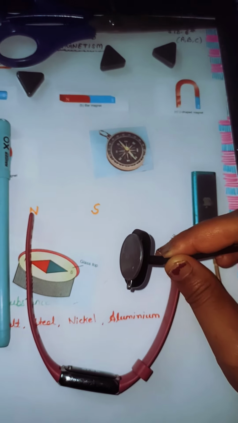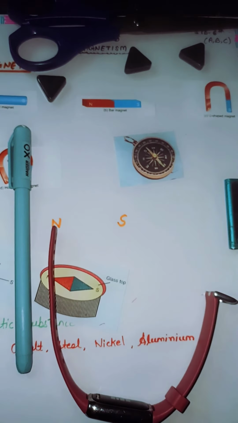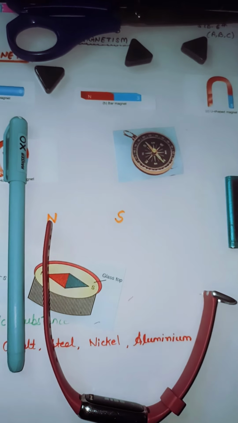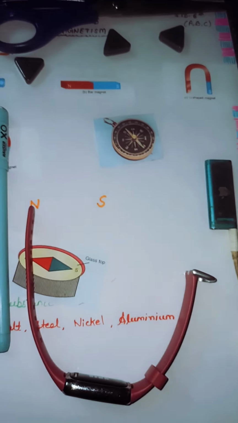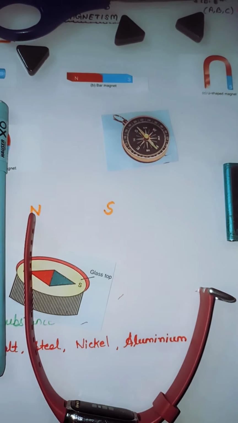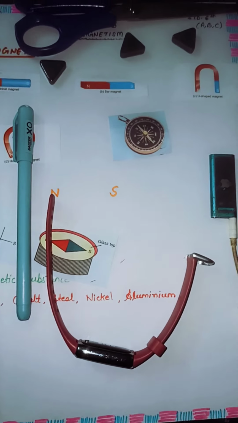So you can try it at home also. Then you will come to know that from one side two things will attract each other, and from another side those two things will most probably repel each other. So this experiment you all can do at your homes also.